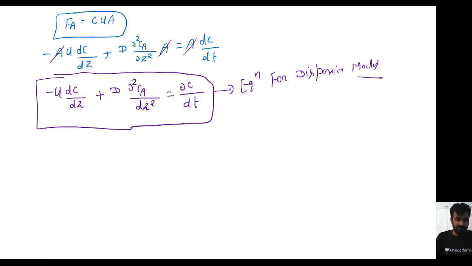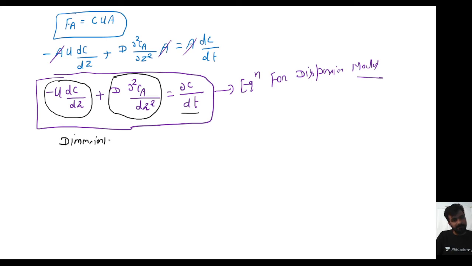Now, what you can elaborate from this particular equation. Here you can see this is the term of bulk flow. This term signifies the diffusive flow in a steady state, unsteady state condition. Are you getting? So when we change to dimensionless parameters, why do we do that? Because the thing will become very easy for you to understand or remember. So can I write here Ca star, that is equal to Ca upon Ca naught.